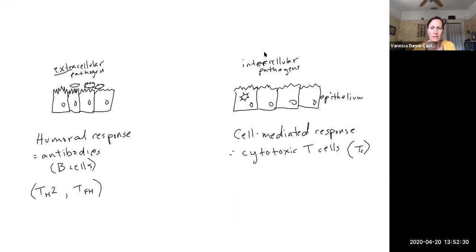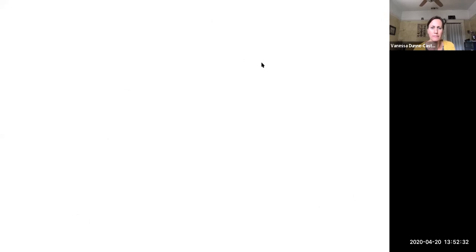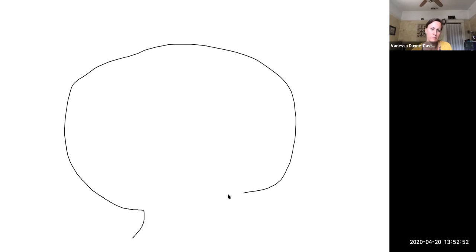Okay, I'm going to clear this one. And we're going to redraw our lymph node. I'm probably going to have to draw this a few times, but let's see if I can make it kind of big. Okay, so if you recall, we have this lymph node here. We have all these draining lymphatic vessels here coming in.